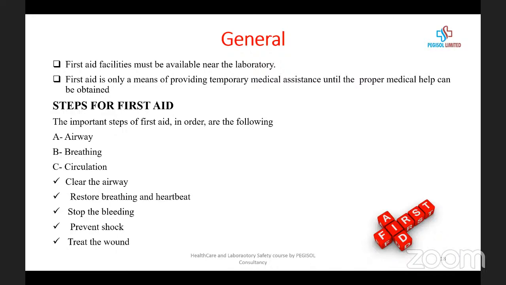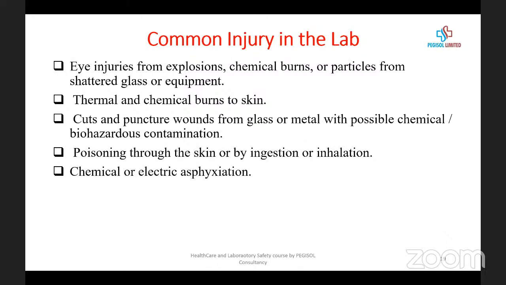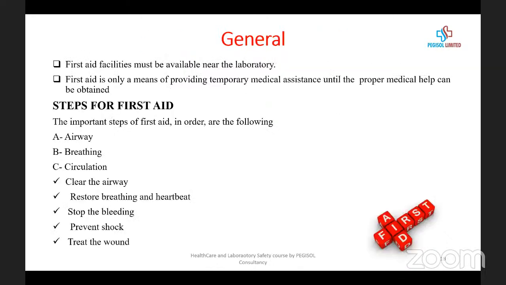What are the steps of first aid? The most important steps of first aid, in order, are the following: the airway, the breathing, and the circulation. So you clear the airway, restore breathing and heartbeat. These are the priorities. Then stop the bleeding, prevent shock, treat wounds, and so on, before you seek medical attention.